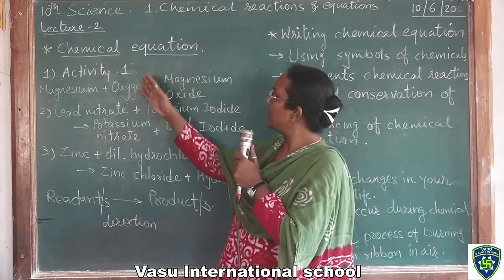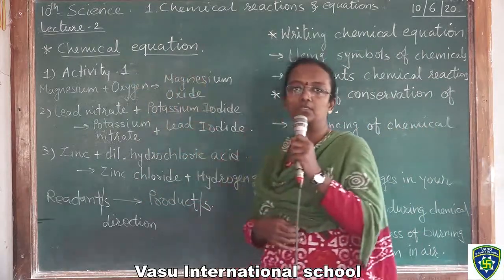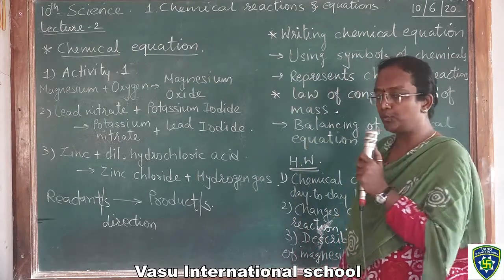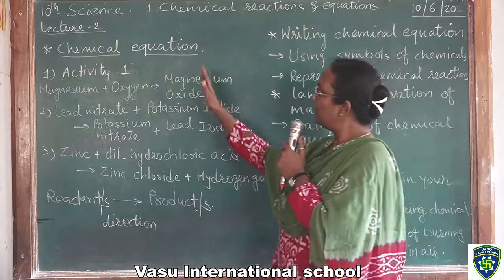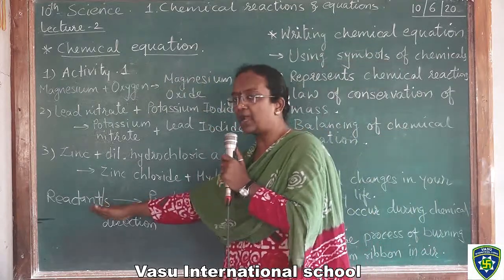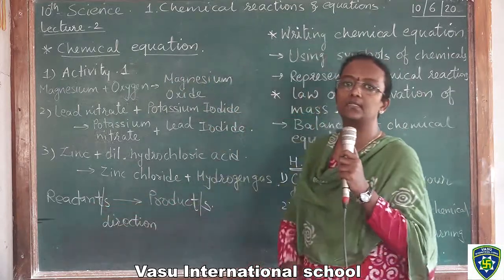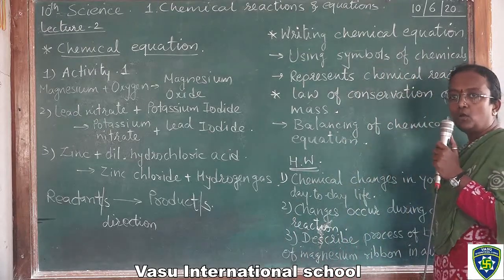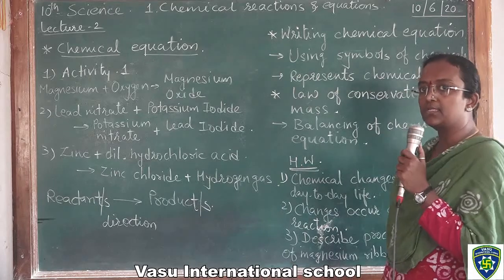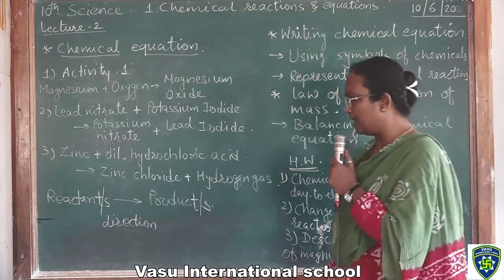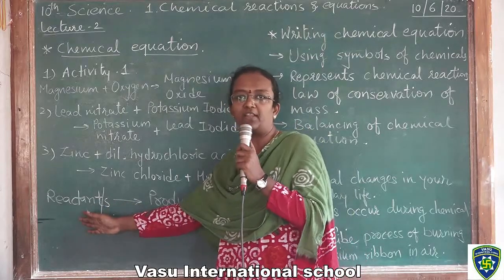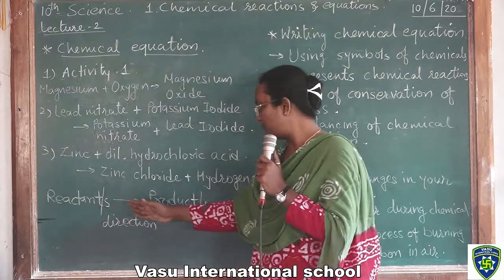In the same way, chemical equations: why it is necessary and how it is to be written. In a chemical equation, the reactants, which you have already studied in prior standards, are the substances which take part in the reaction, and they are written on the left hand side of the chemical equation.